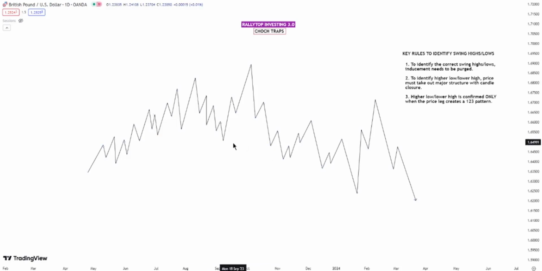Let's get to this diagram and let me show you what I mean by these three key rules. I intentionally created this chart like this because when you get to your live chart, you will most probably get something very close to what you are seeing right now.